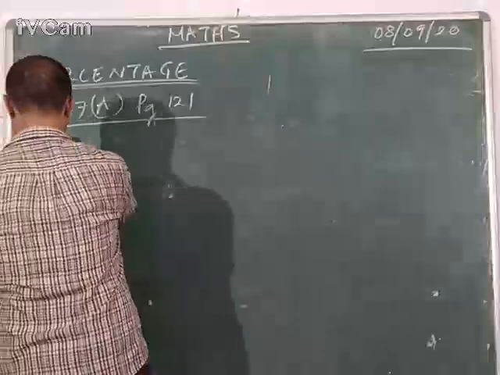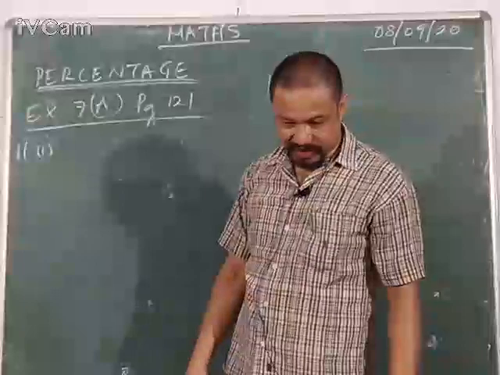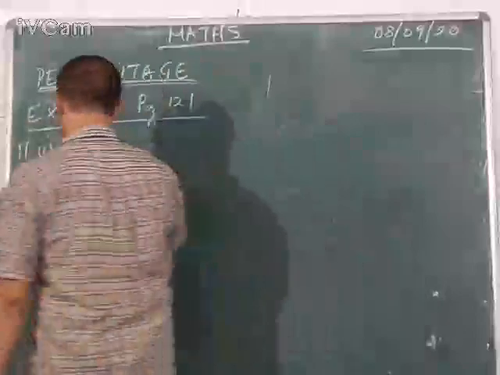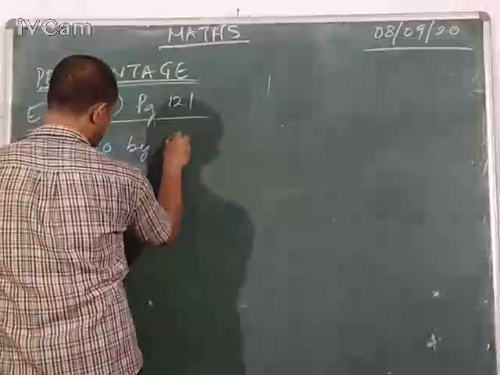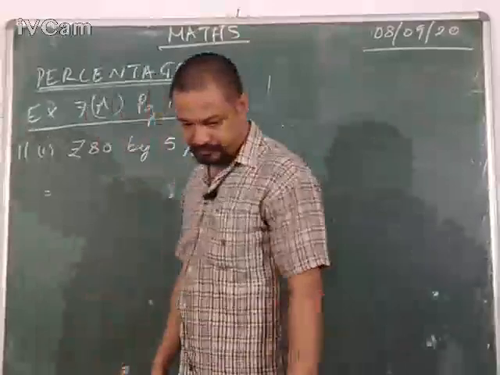Number 11.1 states: increase rupees 80 by 5%. That is what you have to increase.